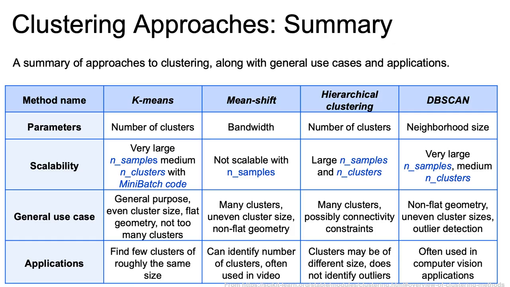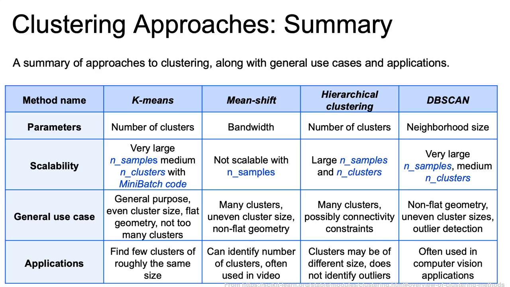So as we increase the number of samples, it tends to take quite some time. The complexity increases. With hierarchical clustering, you can use a large, so not very large like k-means, but large number of samples as well as a large number of clusters. And then DBSCAN again will scale to a quite large number of samples and a medium amount of clusters.